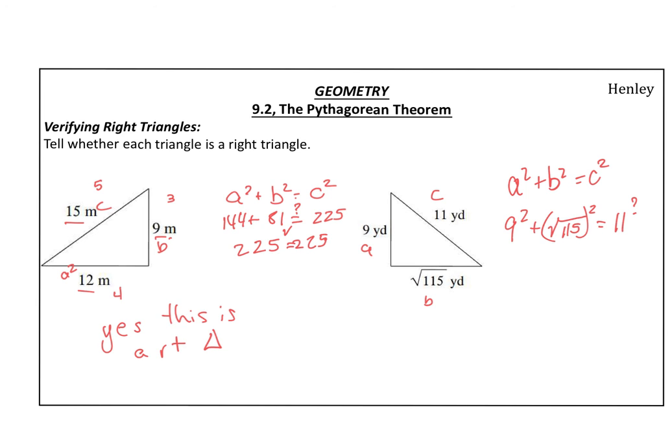That's our question. 9 squared is 81. The square root of 115 squared is going to give you 115, and 11 squared is 121. When you add 81 and 115, you're going to get 196, which is not equal to 121. So we can say that this is not a right triangle.